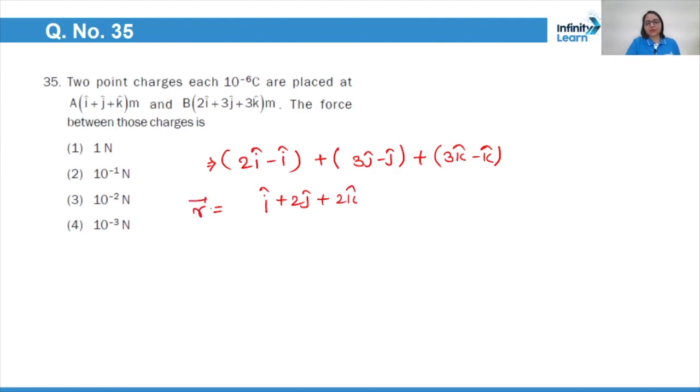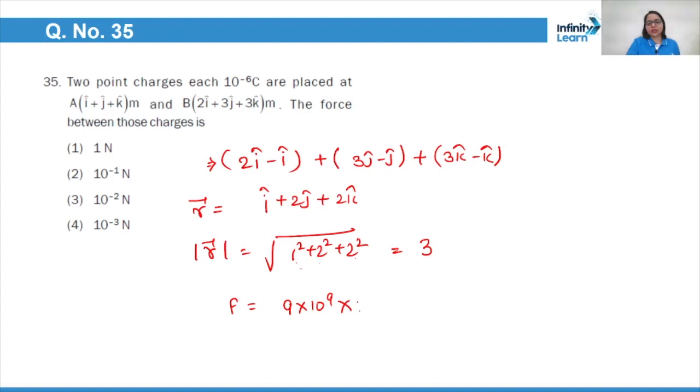This is the r vector. Let's find the magnitude of the r vector. It is under root of 1 square plus 2 square plus 2 square, so 1 plus 4 plus 4 is 9, under root which is 3. Okay, fine. Now force is k q1 q2 upon r square. K is 9 into 10 power 9. Q1 is 10 power minus 6. Q2 is 10 power minus 6, divided by r square, which is 3 square, which is 9. So this will cancel this. So we have 10 power minus 3 Newton as the force, which is option 4.